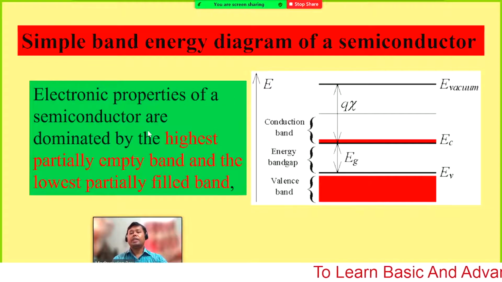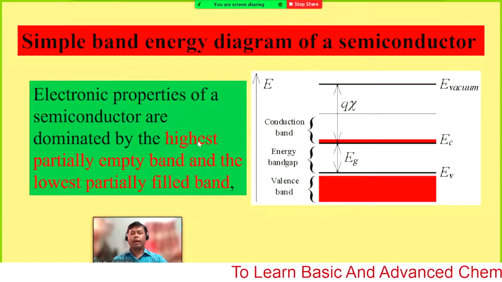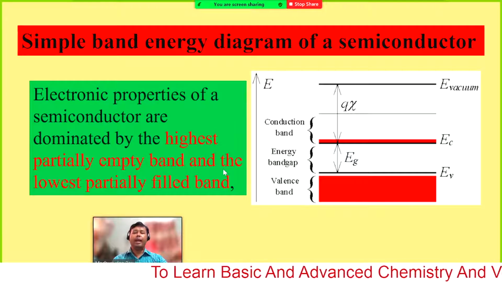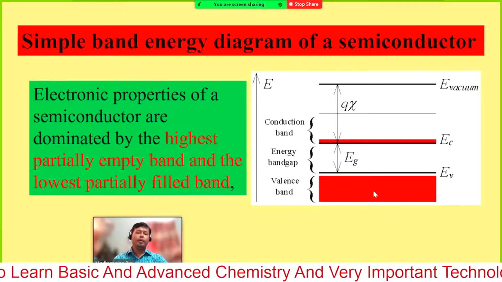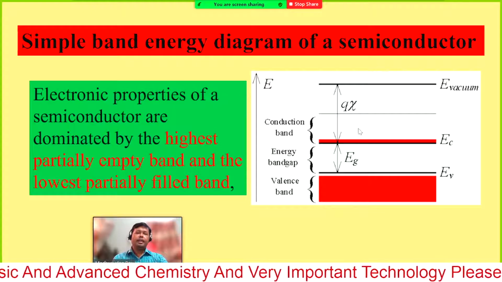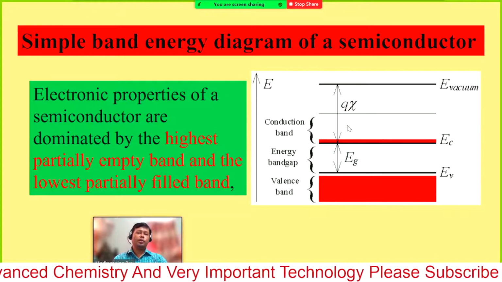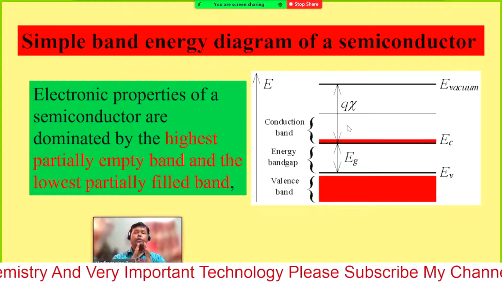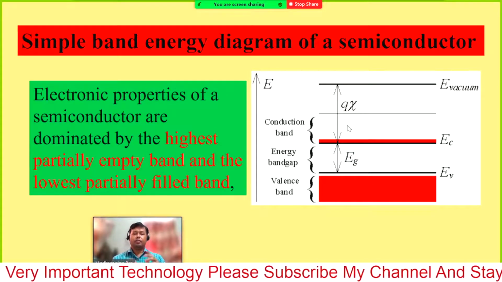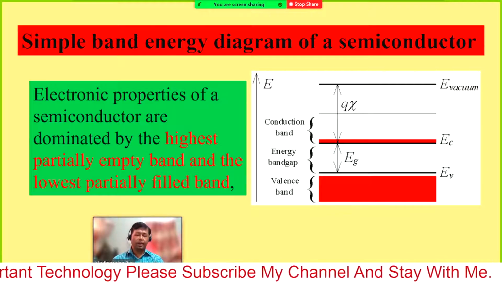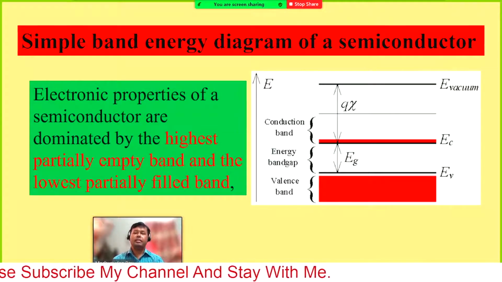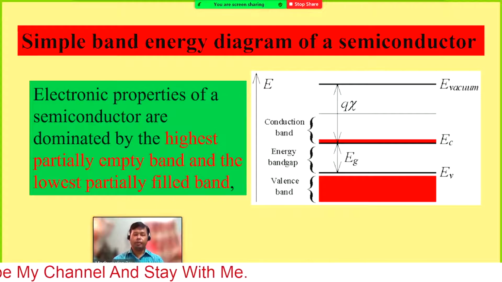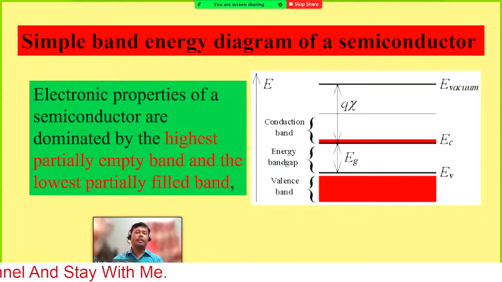Electronic properties of a semiconductor are dominated by the highest partially empty band and the lowest partially filled band. This is the valence band and this is the conduction band. If you understand the electronic configuration of the valence band and conduction band, you can easily describe the properties of a molecule or material.